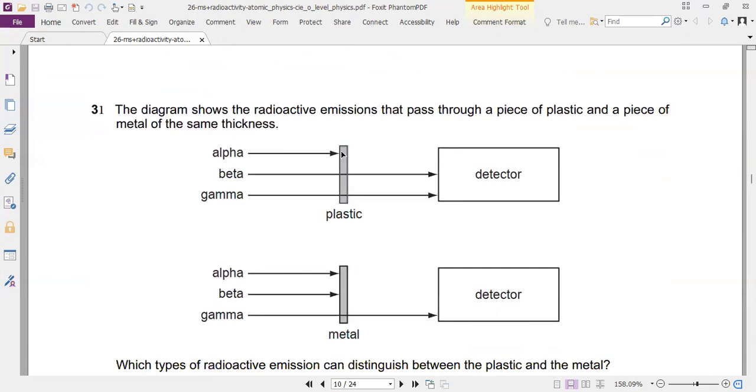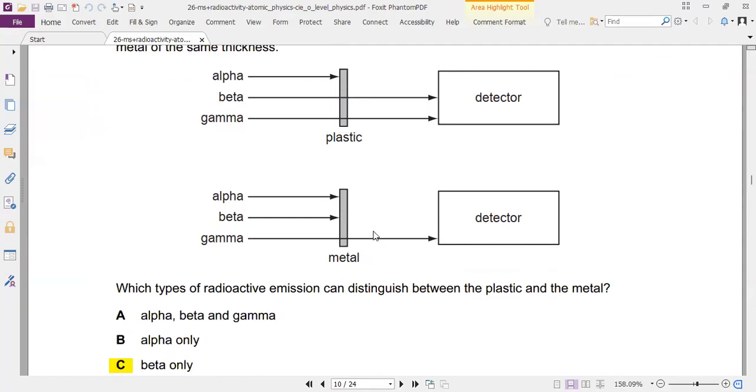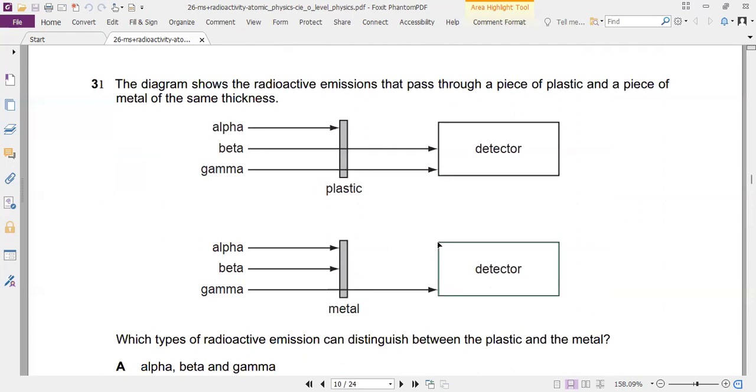51, we have two samples. We have a plastic sheet and a metal sheet. Beta is stopped by the metal sheet. Plastic stops only alpha. So what's the question? Well, we can distinguish beta only because it is the beta that has been stopped. Shall we explain it in a different way?